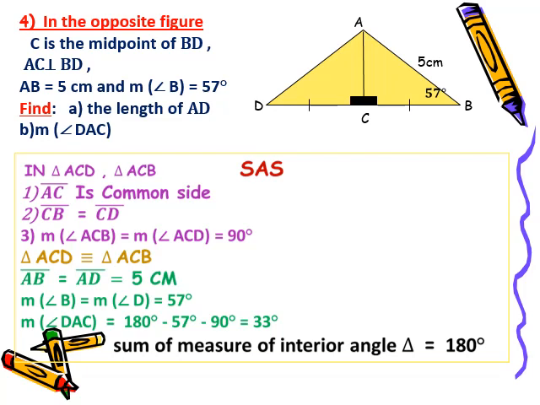So AB equals AD equals 5 centimeters, and measure angle B equals measure angle D equals 57 degrees, and measure angle DAC equals 180 degrees minus 57 degrees minus 90 degrees equals 33 degrees, because the sum of the measures of the interior angles of a triangle equals 180 degrees. Thank you.